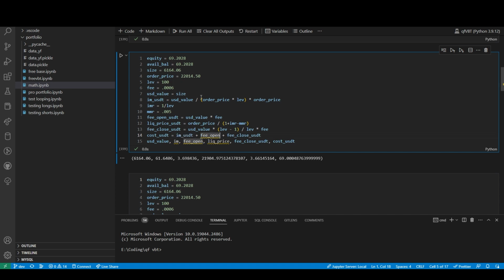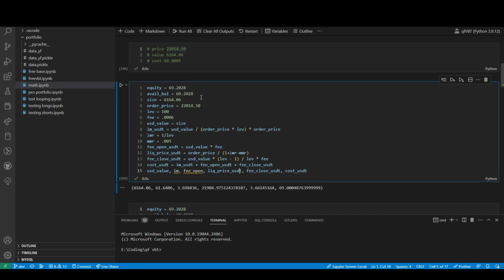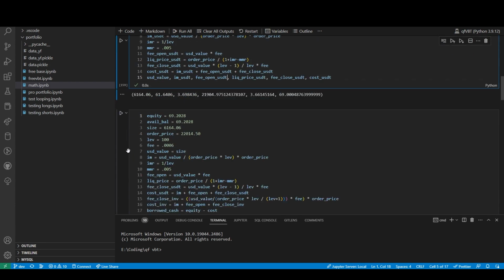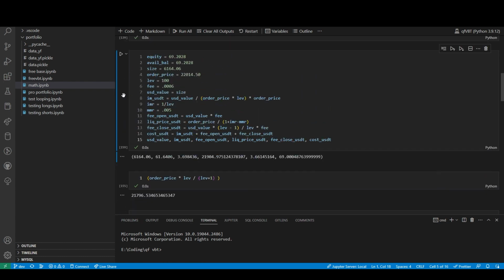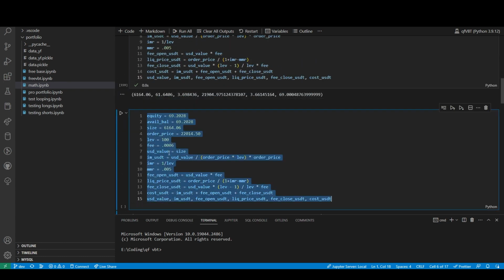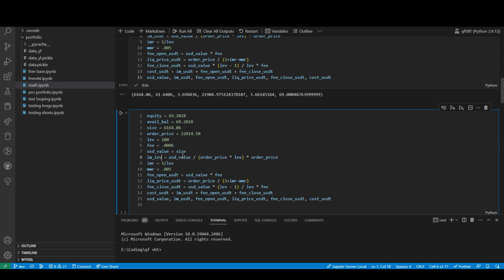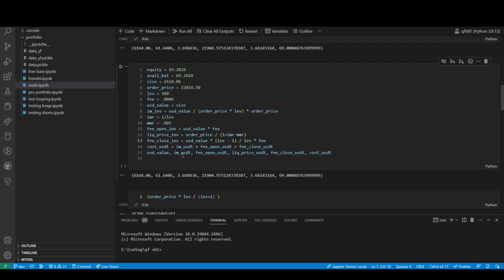So we got this, this. And then from here, we'll change this to inverse. Inverse.